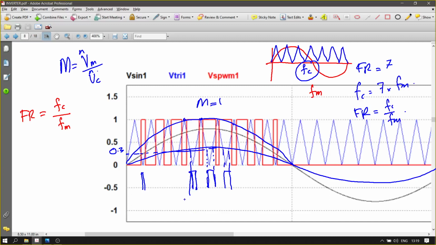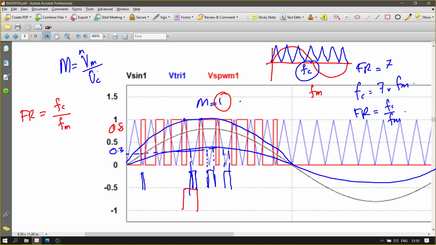So your pulse gets bigger compared to the original, which is 0.8. So the pulse gets bigger as you increase the modulation index. I hope you'll be able to look at this, trace it and draw it. You understand the parameters given to you: what is the frequency ratio, and what if you change the frequency ratio.